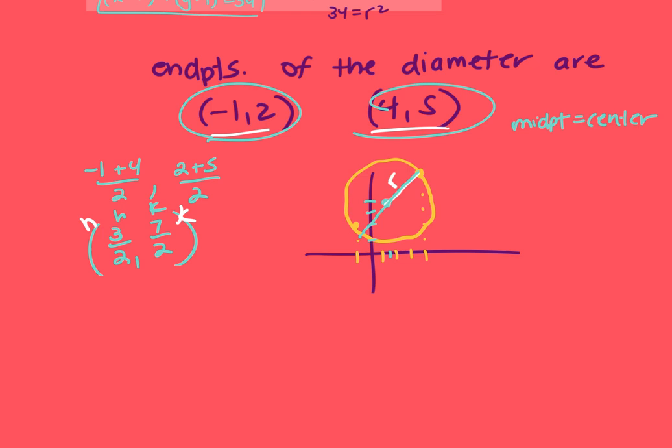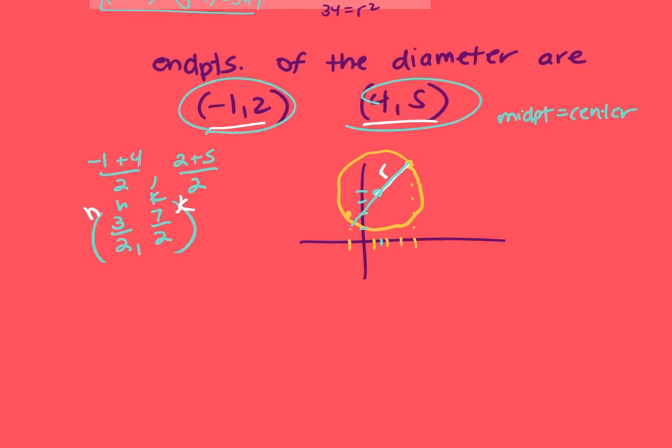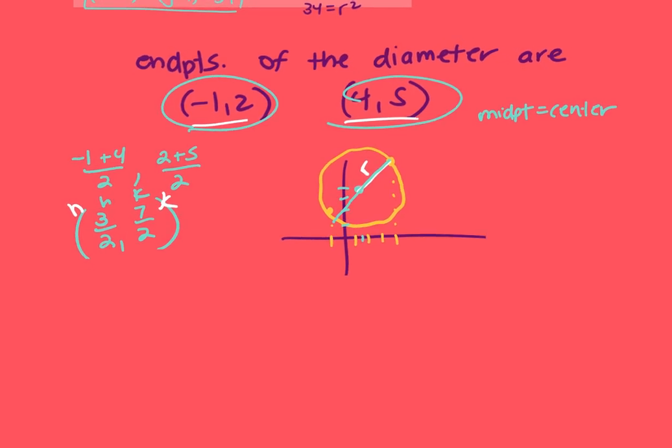Especially if there's fractions and then you're dealing with square roots that have fractions, interesting things happen. So in a case like this, I find the center and then I plug in the center and one of those points. You're still going to have fractions. You can't avoid it. But I think fewer mistakes happen there than when people try to find the diameter and cut it in half.